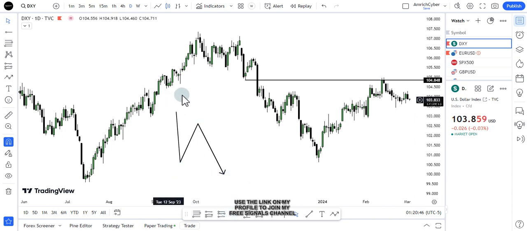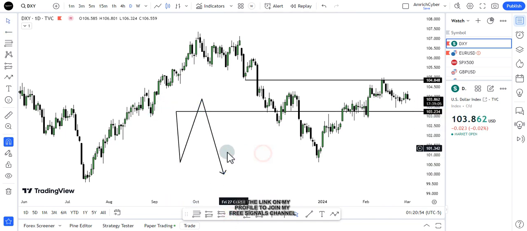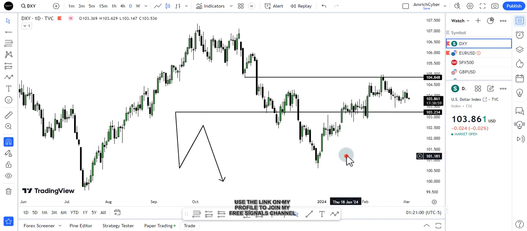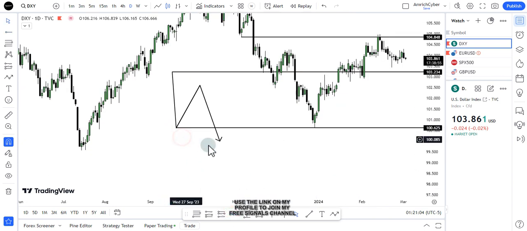As you can see, the high of this candle wasn't taken. For a breaker block, the high will be taken, but for a mitigation block, the high won't be taken. So this is the difference between a breaker and mitigation. So this low here becomes the mitigation block.